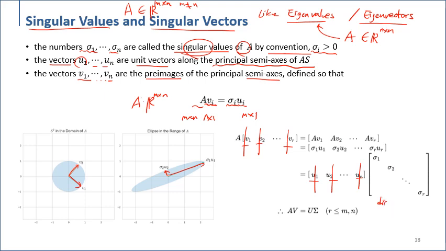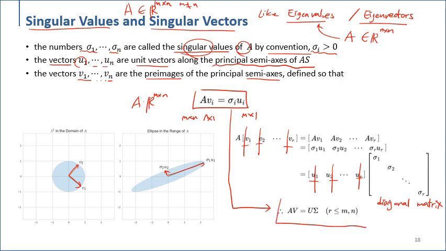When you rewrite the scalar values as a diagonal matrix, this relation can be represented in matrix form by combining these. So AV is equal to U sigma.